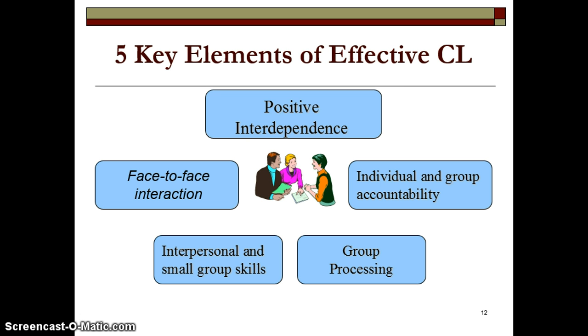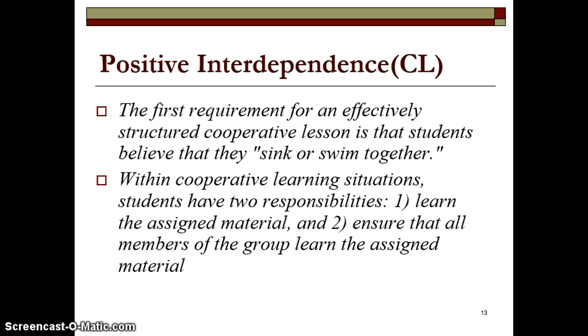So these are 5 key elements of cooperative learning: positive interdependence, face-to-face interaction, interpersonal and small group skills, group processing, individual and group accountability. Positive interdependence: the first requirement of an effectively structured cooperative lesson is that students believe that they sink or swim together.